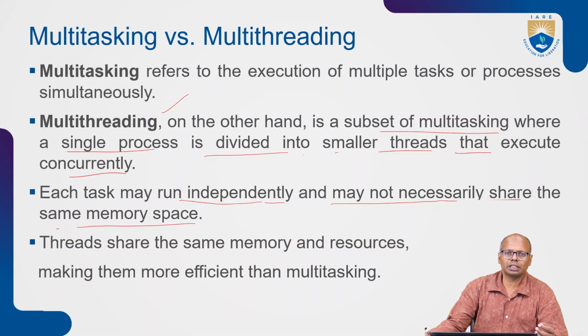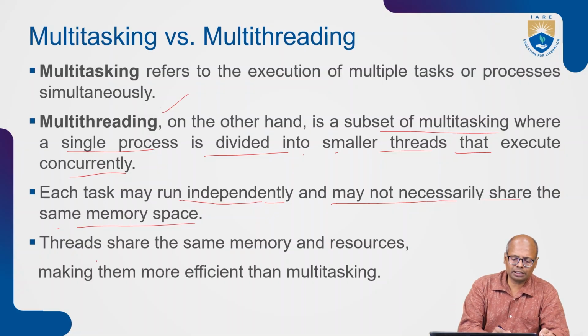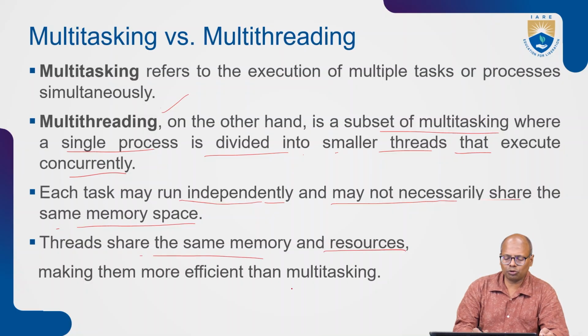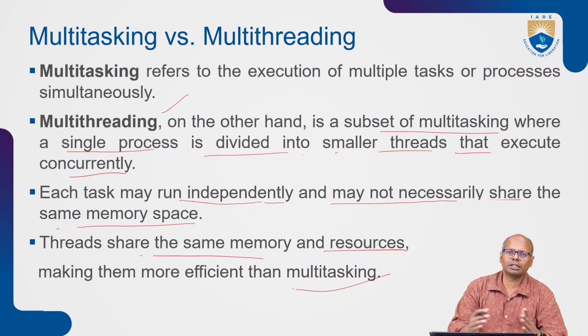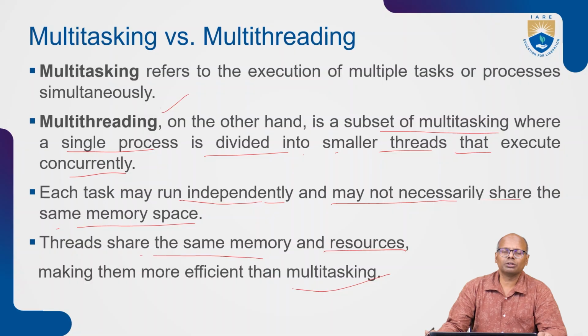On the other hand, threads share the same memory and resources, making them more efficient than multitasking. Multi-threading shares memory, because different tasks can be performed using the same variables. So that is the sharing of memory and resources.